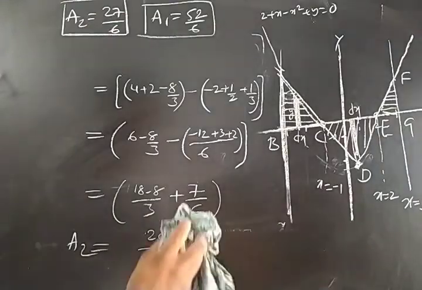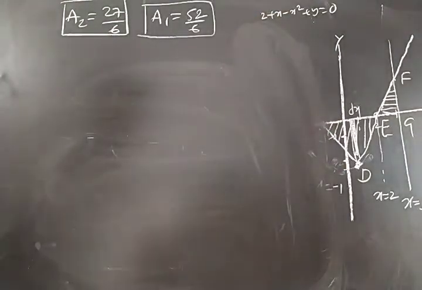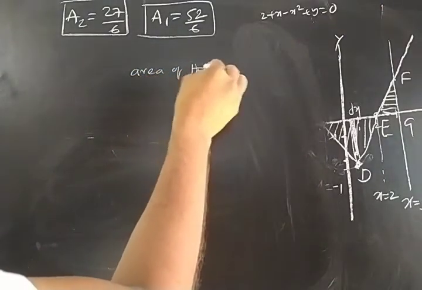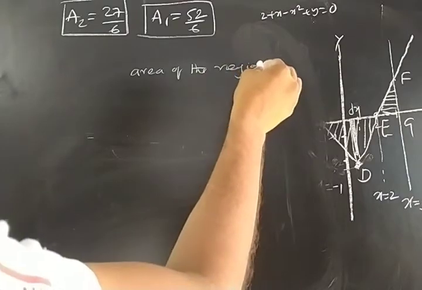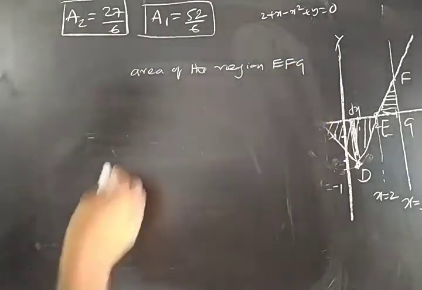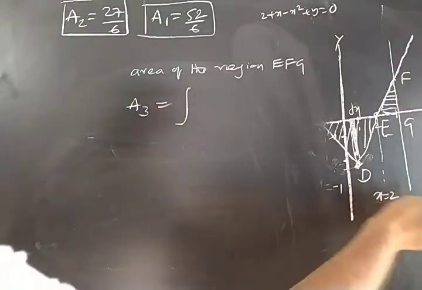Right? Now I am going to solve the remaining area A3, the area of the region EFG. I am denoting it by A3 and the limits are 2 to 3.